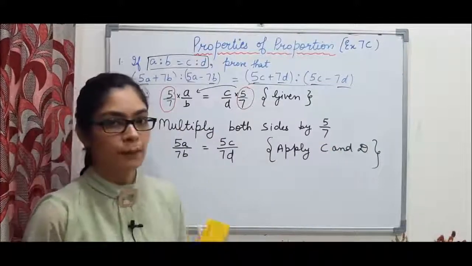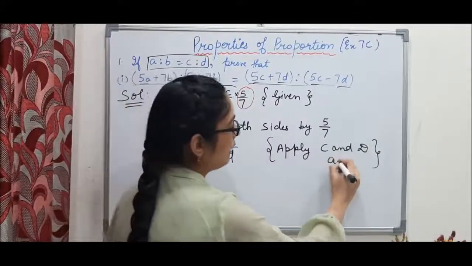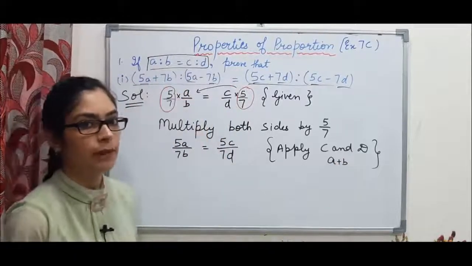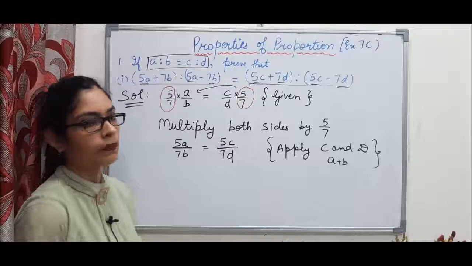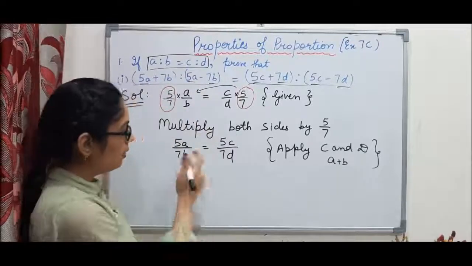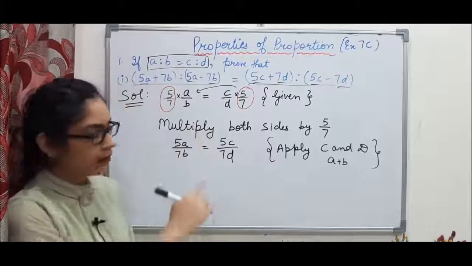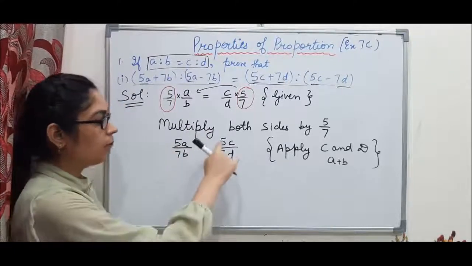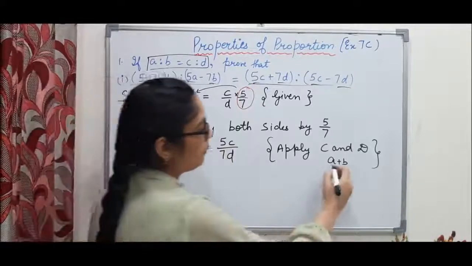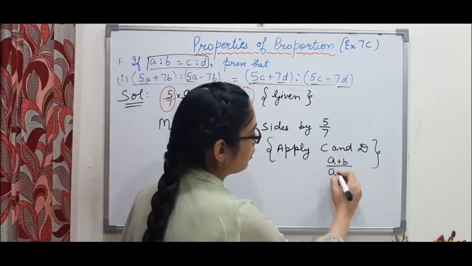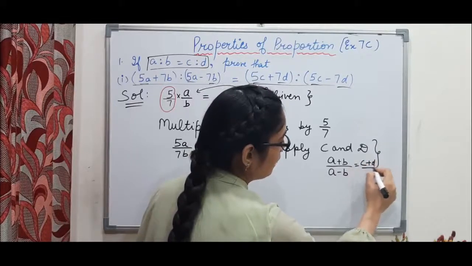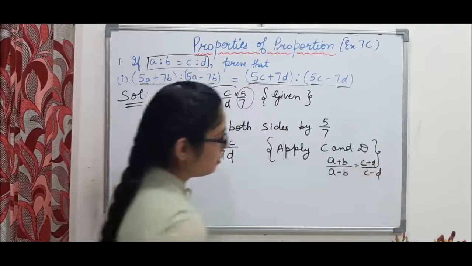So according to componendo and dividendo, a plus b. See, if a by b is equals to c by d, only then we can use the property. So it is already given to us, a by b is equals to c by d, and now my a is 5a and b is 7b, c is 5c and d is 7d. So this is also equal only. So we can apply a plus b by a minus b is equals to c plus d by c minus d.